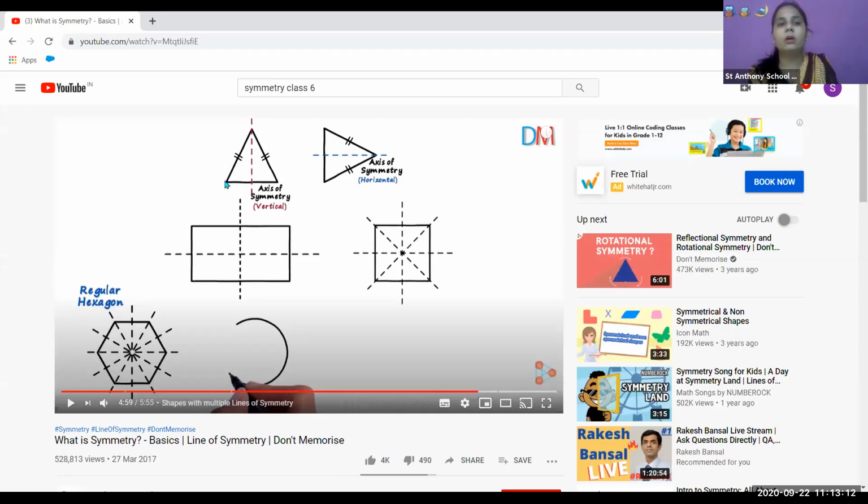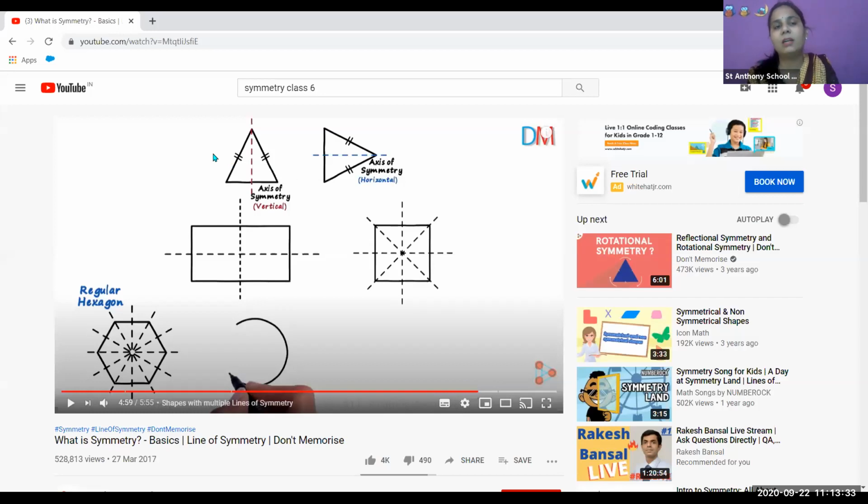But if an isosceles triangle is there, only one axis of symmetry is there. But if you take an example of a scalene triangle, it means all the sides are different, right? So in that triangle, no axis of symmetry is there.